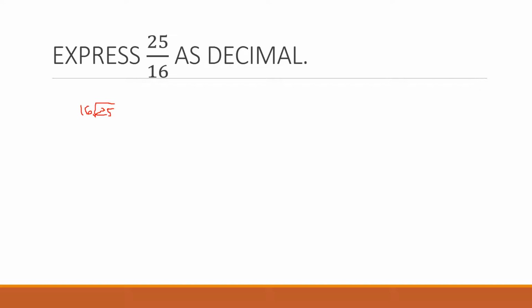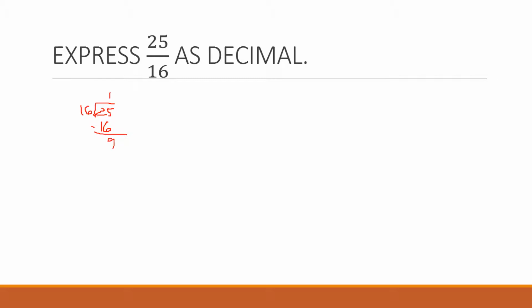If you divide 25 by 16, that is 1. 1 times 16 is 16. So subtract them: 25 minus 16 is 9.